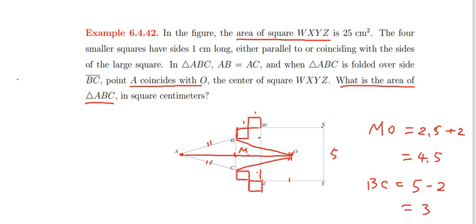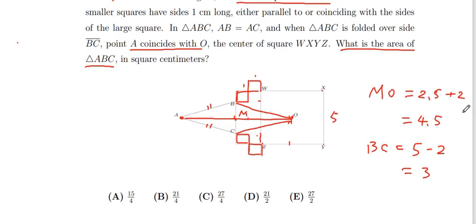So the area of triangle ABC equals half BC multiplied by AM.